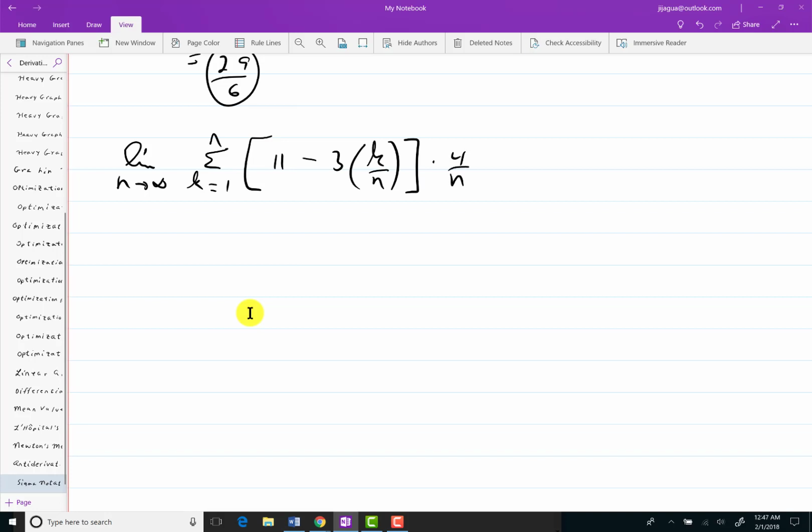So as before, I'm going to try to do it all in one fell swoop. I'll explain what I did though. Took the 11 times 4 over n, and I got 44 over n. There was no k, so I could bring that all in front of the summation sign.